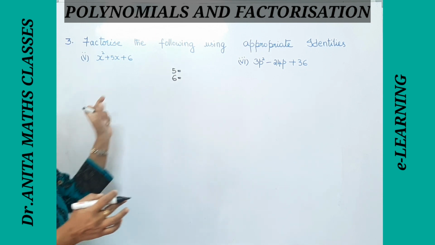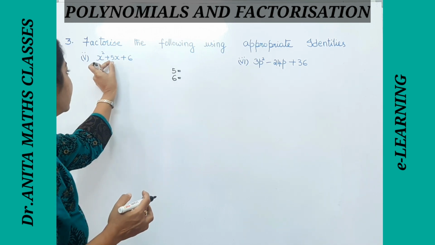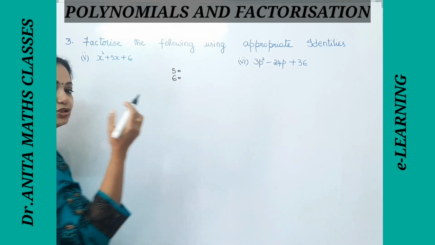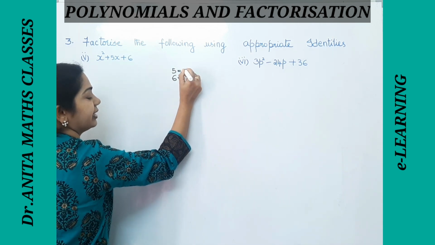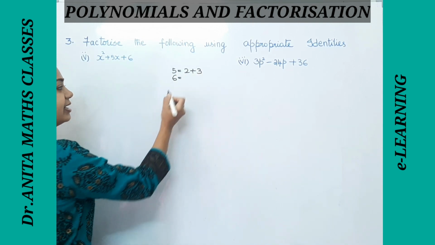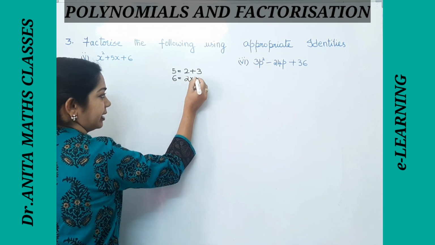So, which two here, if you see, this is the product and this 5 is a sum. So, if I take two numbers a and b such that if I add them, I get 5, I can write it as 2 plus 3, whereas 6, the same 2 and 3, if I multiply, I get 6.